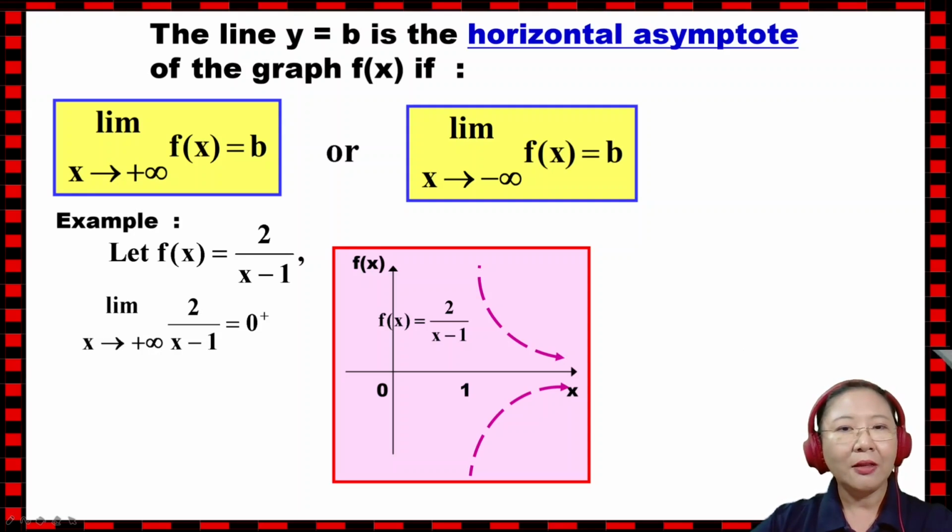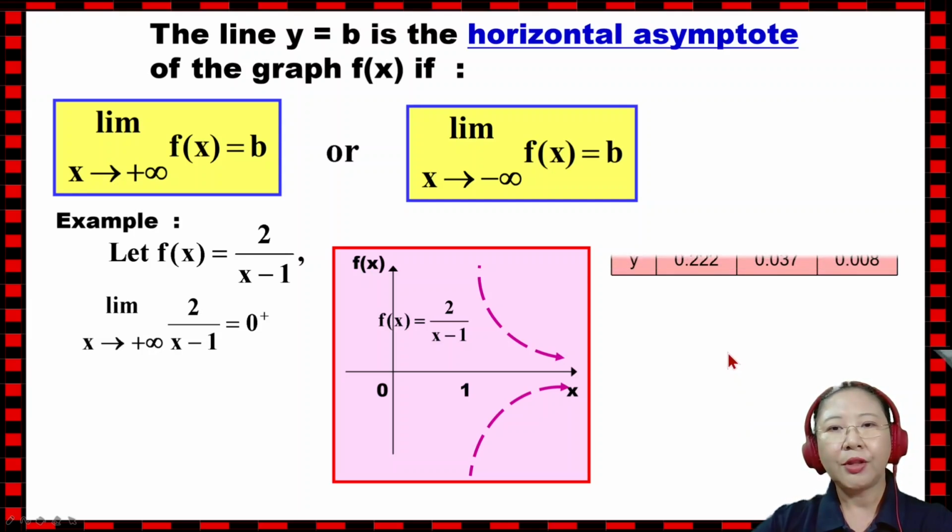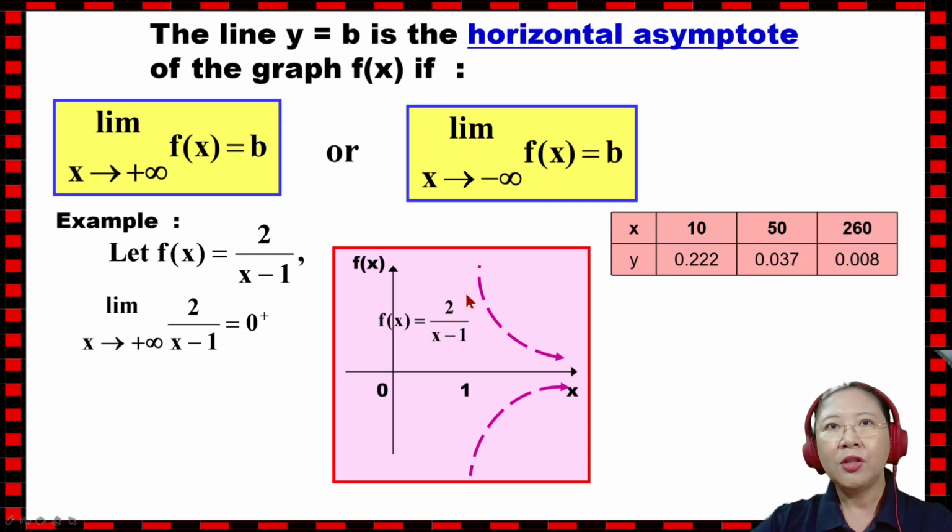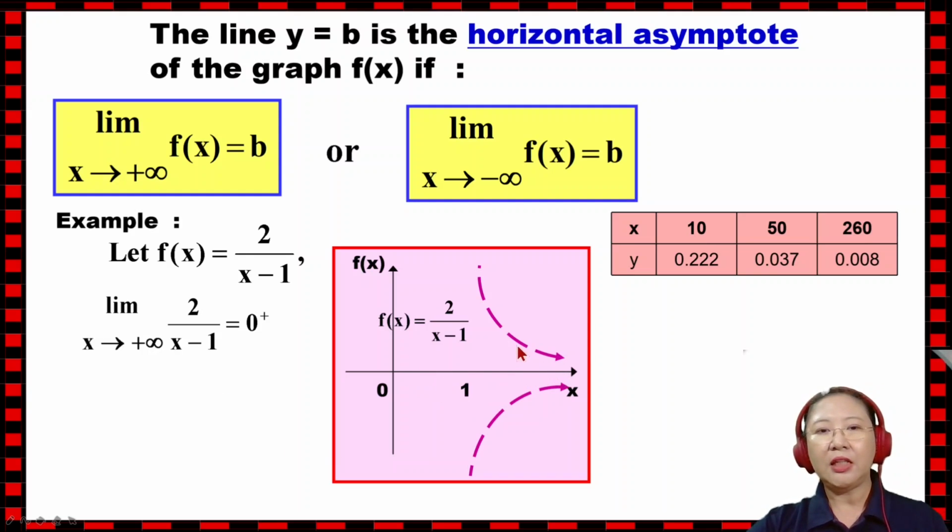So to get that, you either imagine those numbers from positive infinity, or you can fill in the table like so. Okay, fill in the table. So you have two, you have to choose one. So I fill in the table as I say x is moving to positive infinity, meaning x values will get bigger and bigger and bigger.